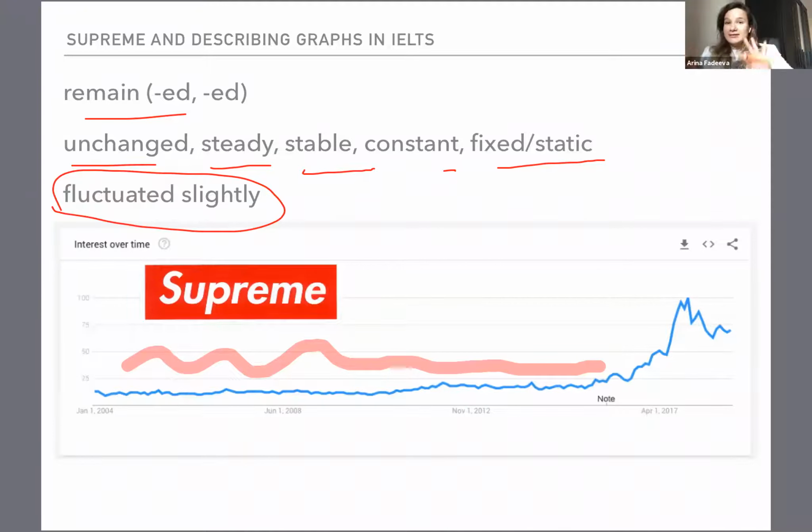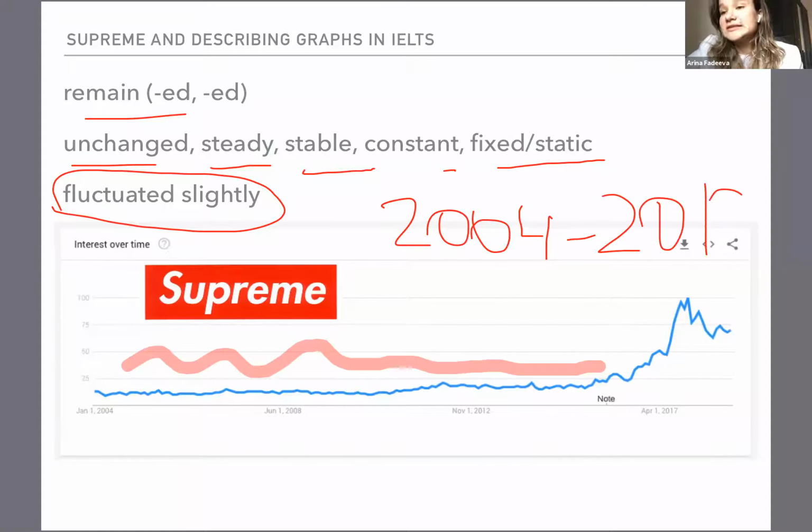So the main thing here with grammar is that we have the period from 2004 to 2017. It's the past period. That is why we use the past tense here. It's important, guys. It's the first thing which you should notice looking at the graph.